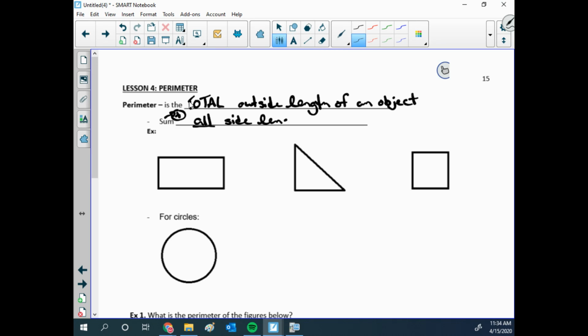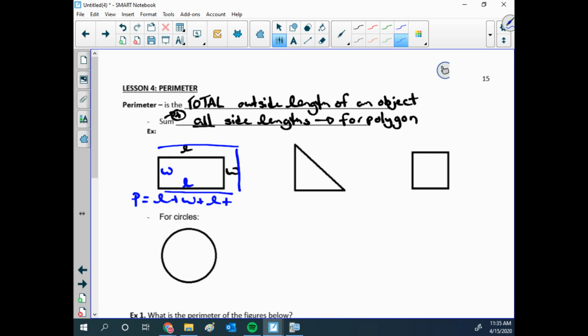So in this rectangle, if I call this length and width, for perimeter, this is just going to be length plus width plus length, because these guys are the same, plus width.